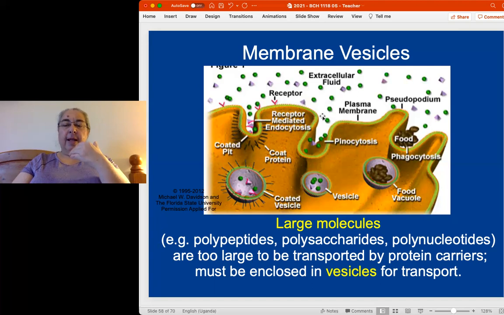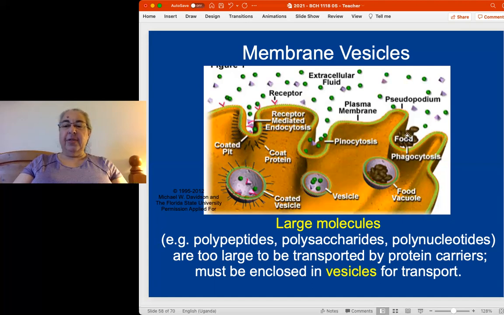Okay, and these indentations can then be closed off and broken off and become separate vesicles. And when they do this, any liquid that's inside the pinched off bit of membrane will be inside the vesicle. So this is the process called pinocytosis.